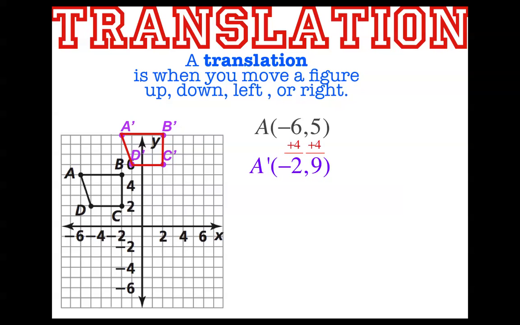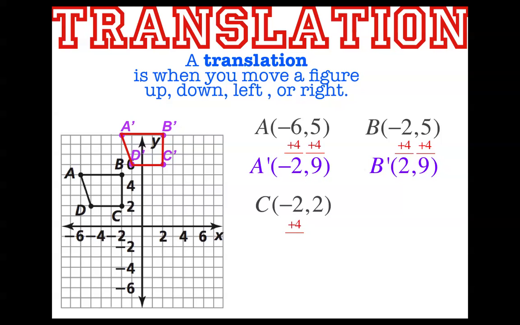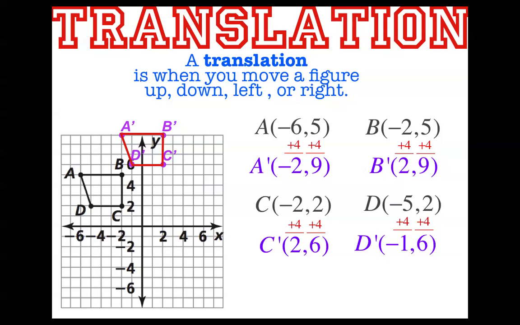So that's what we basically did to every coordinate for every point. If you take B and add 4 and add 4, you're going to get B prime. And if you take C and add 4 and add 4, you're going to get C prime. And if you take D and look at D prime, it's -5 plus 4 and +2 plus 4.